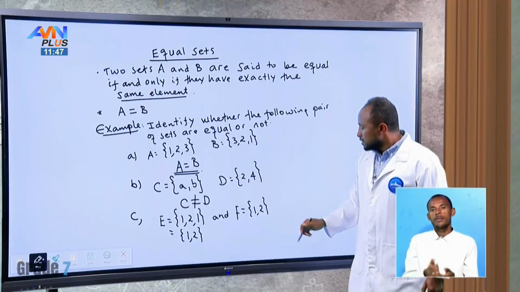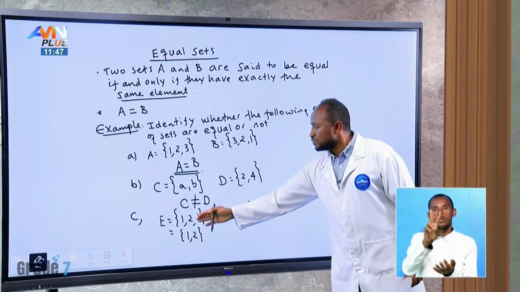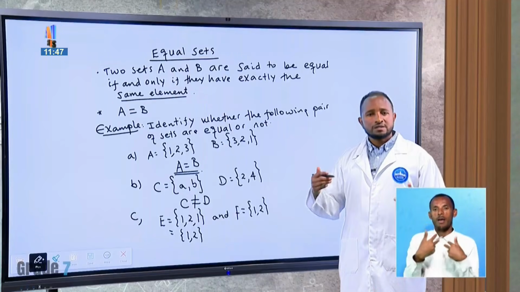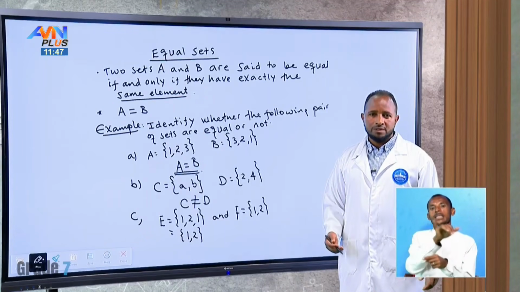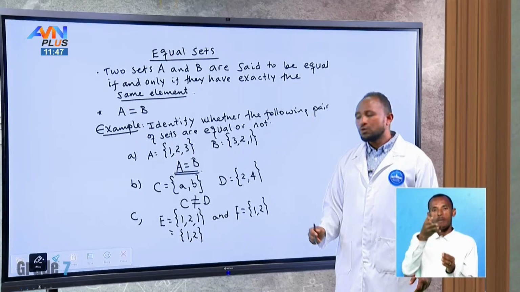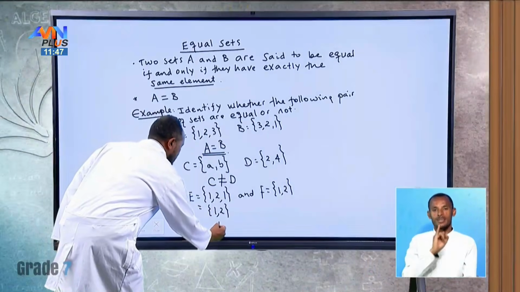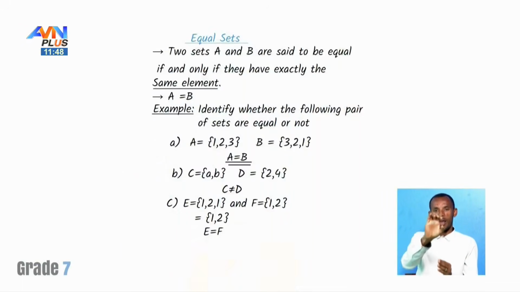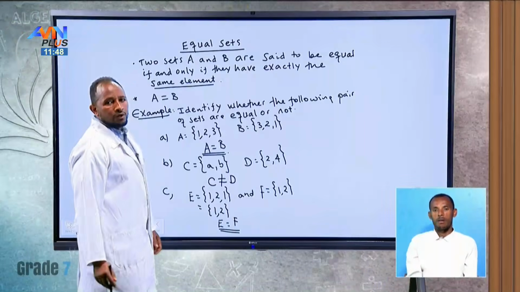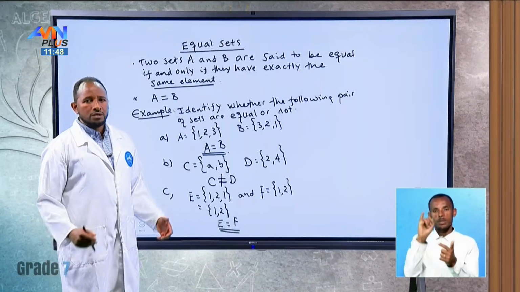And set F also contains 1 and 2. So these two sets have exactly the same elements. Therefore, set E and F are equal sets. The answer is set E is equal with set F. That's it. Now, let's proceed to the second concept about equivalent sets.